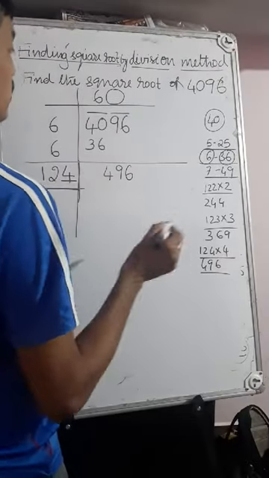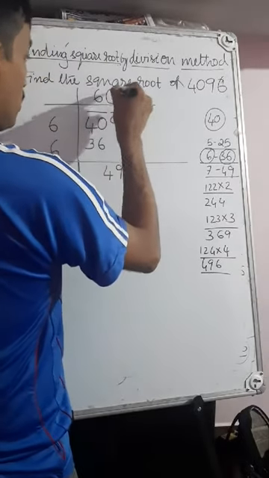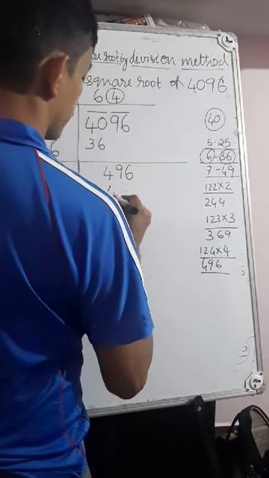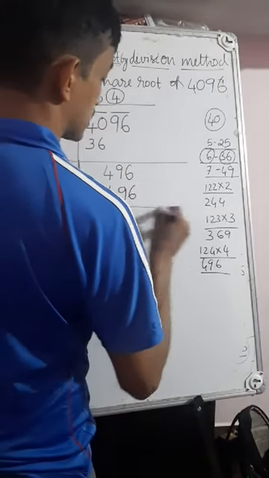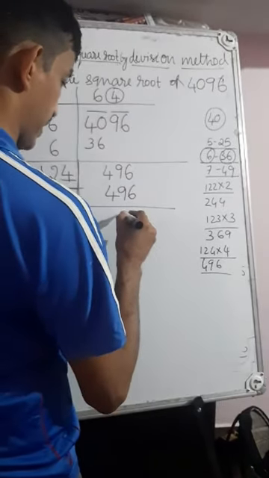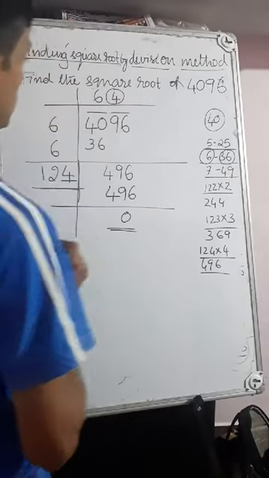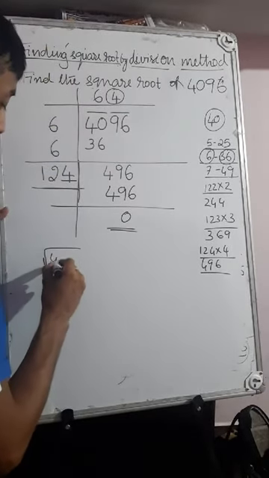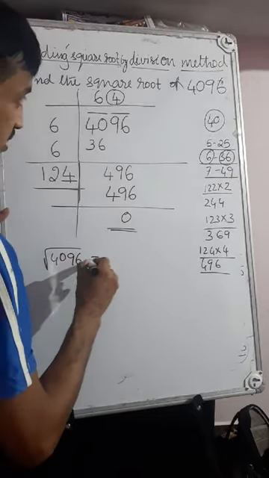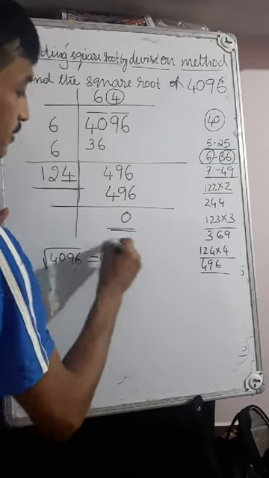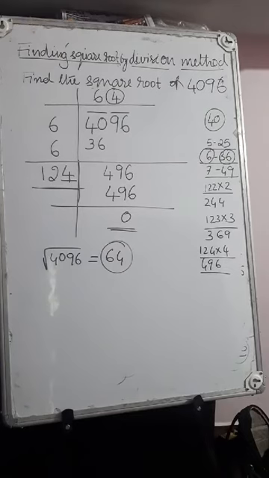That means you will come to know that if I enter 4 here and 4 here also, then if I multiply these two, I get the product same as the dividend. Then finally the remainder is 0. That means the square root of 4096 is equal to 64. This is how we can solve the given sums by the long division method.